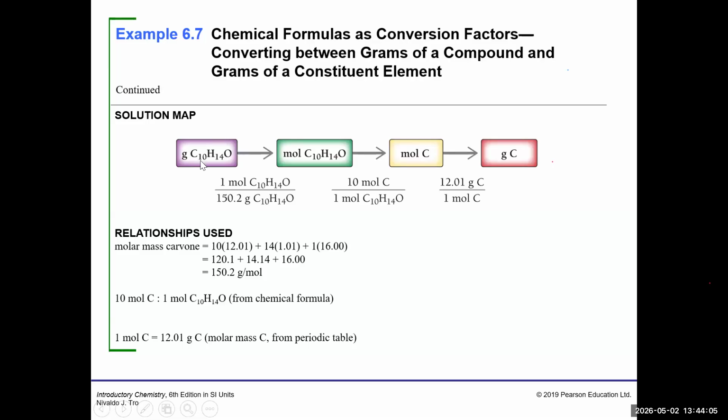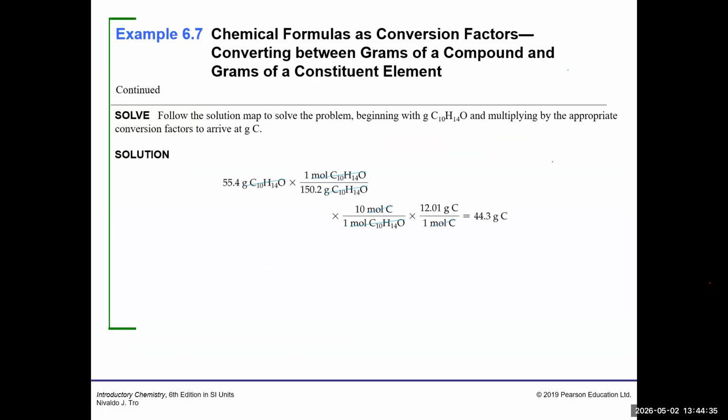So that 10 is what we are using as the moles of carbon. Look at the solution right here: 10 moles of carbon is equivalent to 1 mole of C10H14O. That's how you get the moles of carbon. Do you get it? Yes, sir. Good. Thank you.